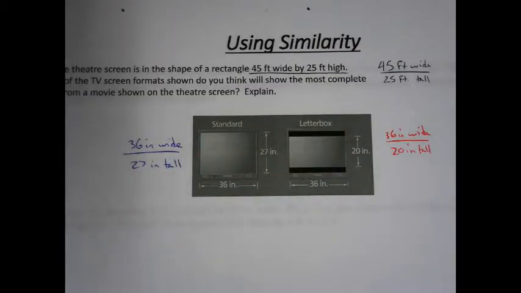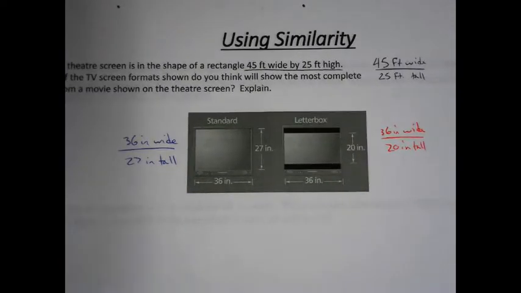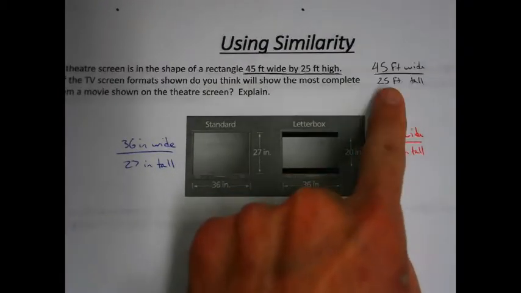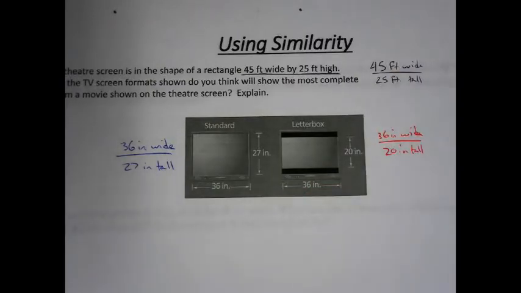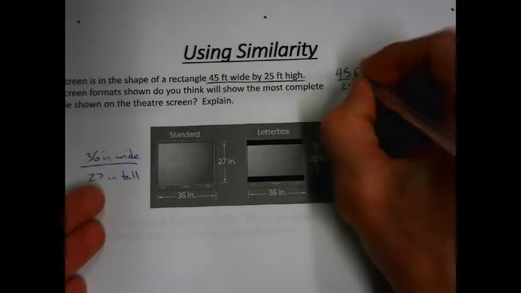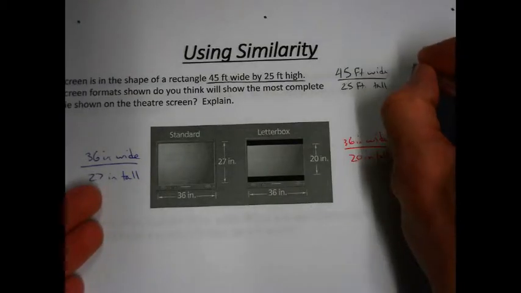And what we can do is look at the ratios. Hopefully, if you haven't figured that out by now, what we can do is look at the ratios and figure out which ratio is closest to the movie theater's ratio. So our ratio of the movie theater, 45 to 25, both divisible by 5, right? So we'd have 9 over 5.